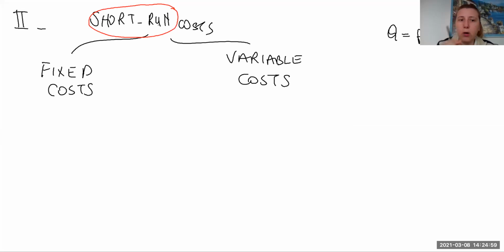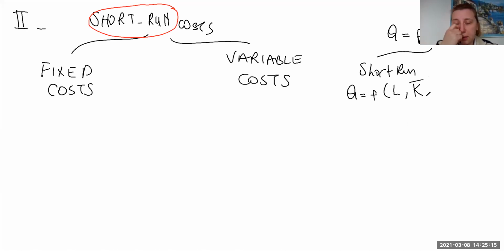The firm is using only two production factors, labor and capital, and we define short run where at least one of these input factors is variable and the other is constant. So in the short run, generally labor is the variable factor and capital is the constant factor.